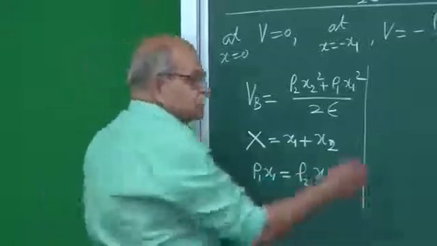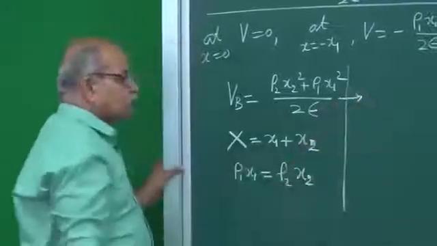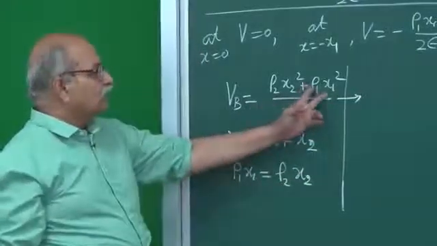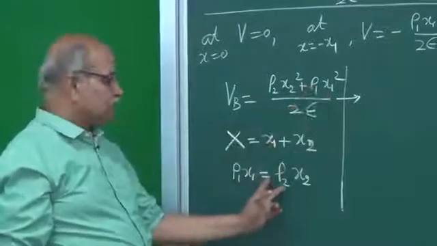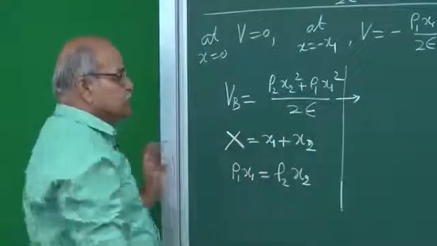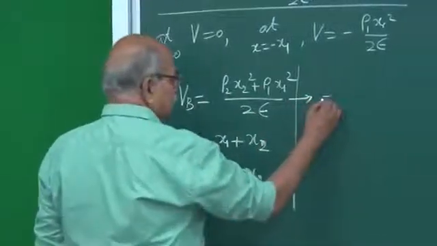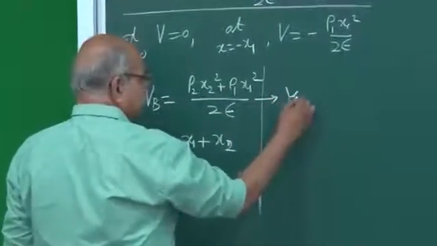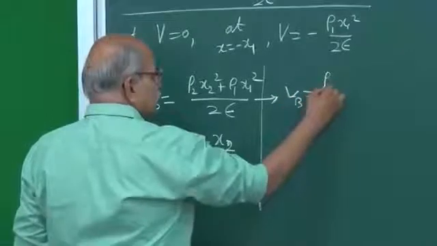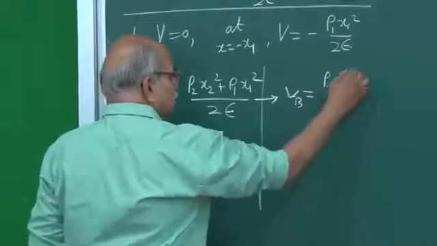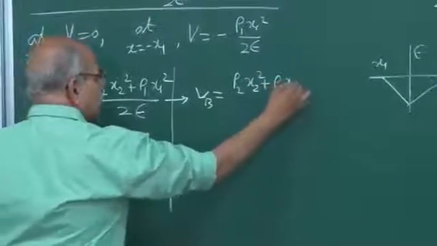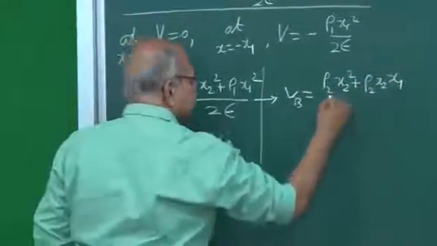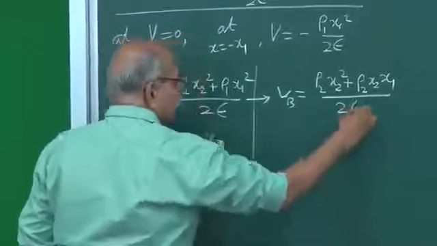So first step is write this rho 1 x1 as rho 2 x2. Use this equation here. So this VB is equal to rho 2 x2 square plus rho 2 x2 and x1, right?